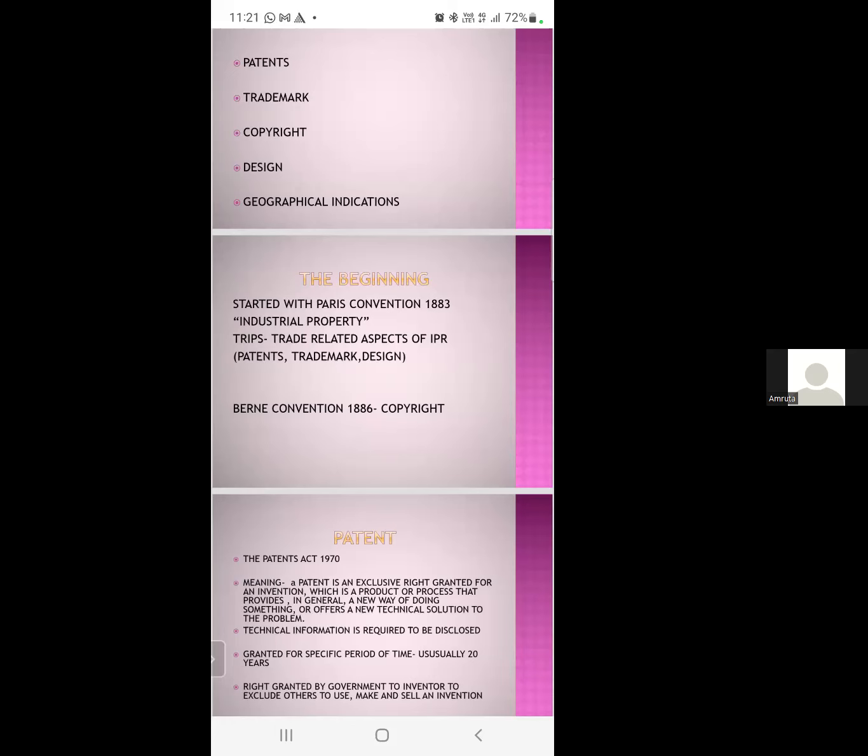So in all, basically it started from the industrial revolution and started preserving the industrial designs prevalent at that time.